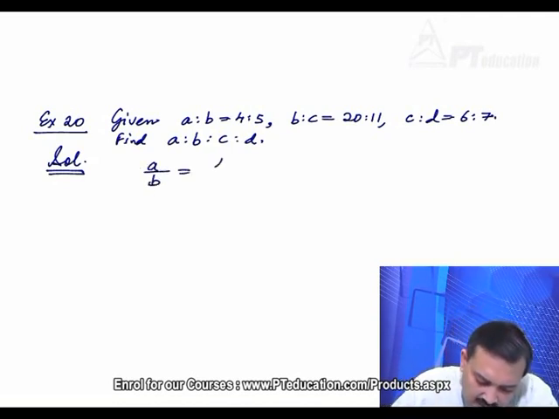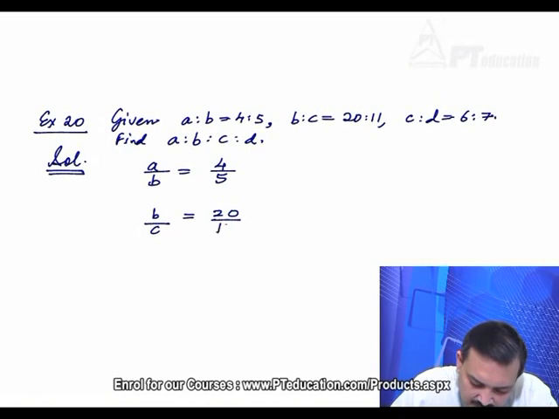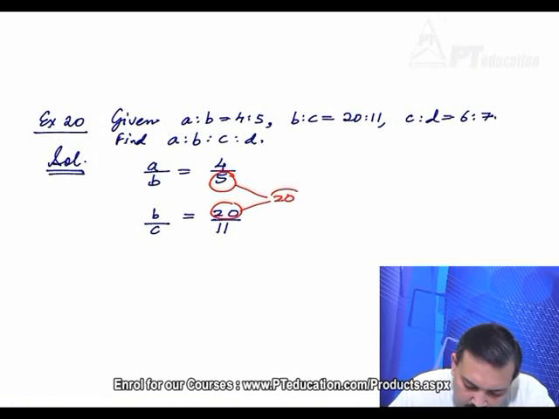A by B is 4 by 5 and B by C is 20 by 11. So we know very well that as the first step, we need to make 5 and 20 common. We can do that by taking the LCM of 20.